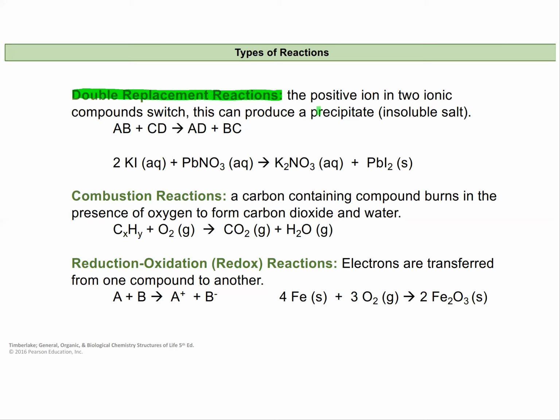And so what we have is a precipitate that forms, and that's an insoluble salt, and it basically looks like in my glass of water solution that suddenly out of the blue solid appears, and it collects on the bottom of my beaker.